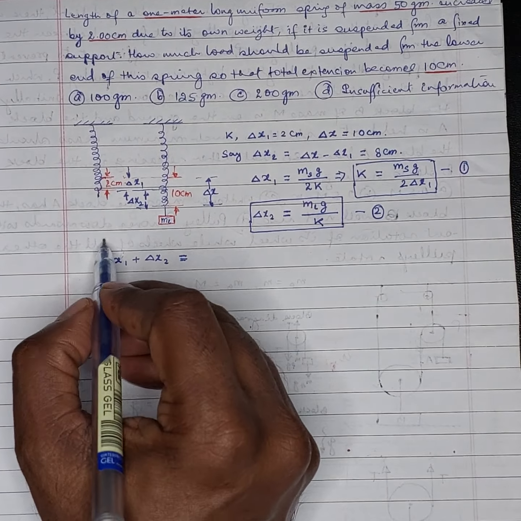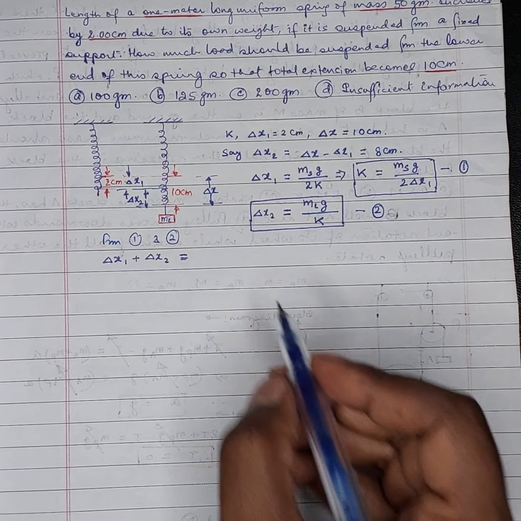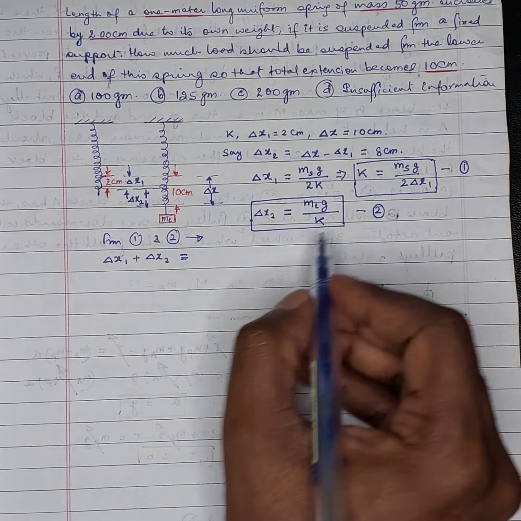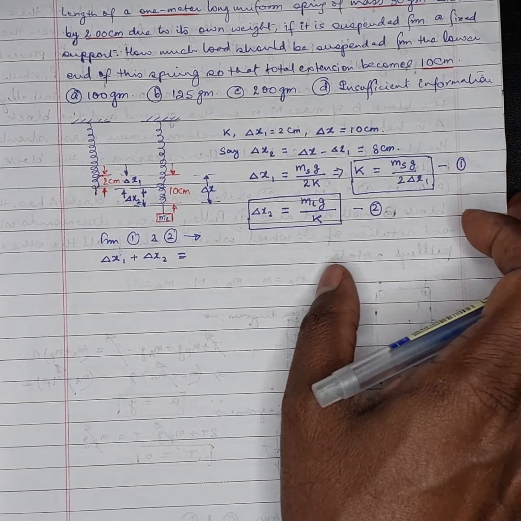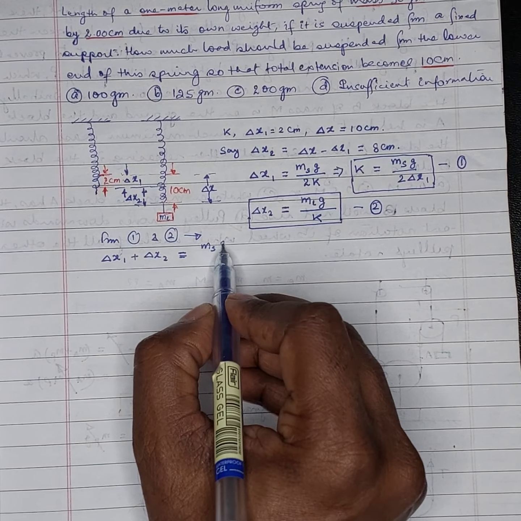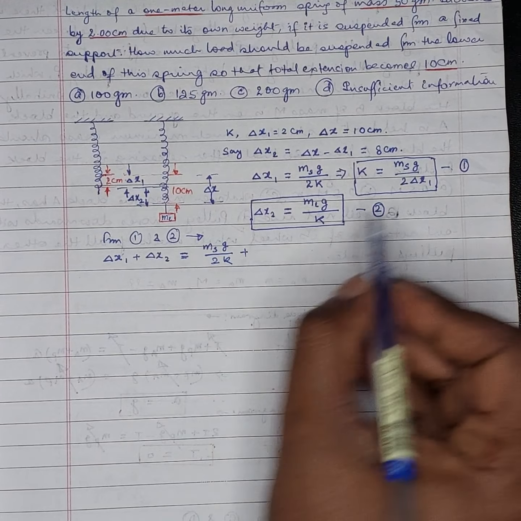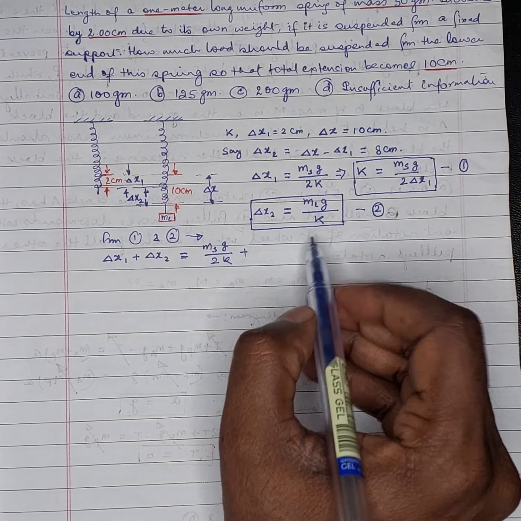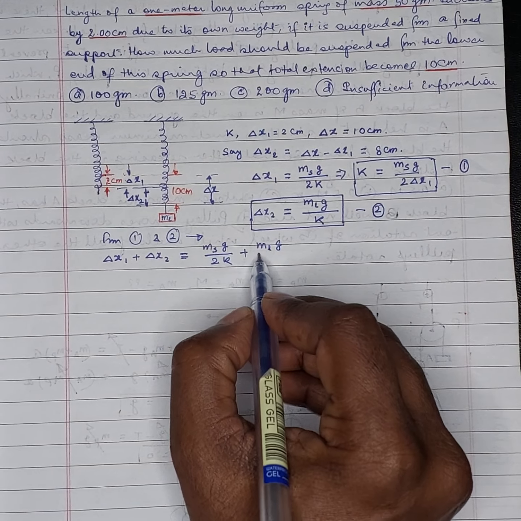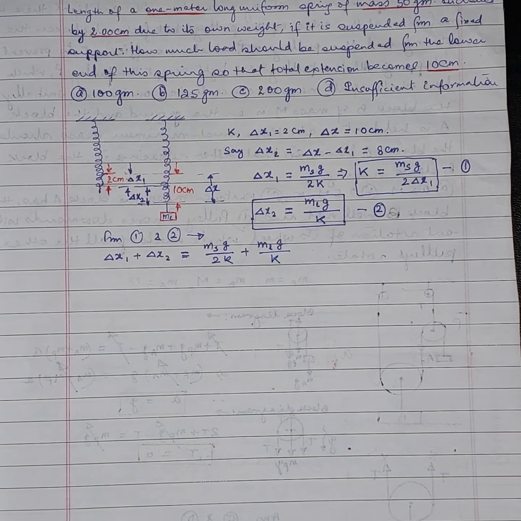From 1 and 2, delta x1 is m_s g by 2k, plus delta x2 is the mass of the load into g, that is weight of the load, divided by the spring constant.